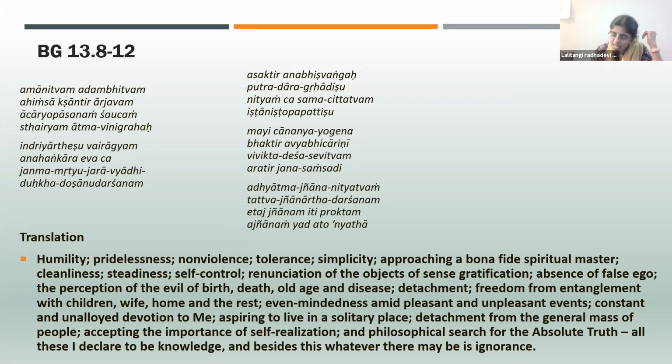So, after explaining what is the field and what is its activity, he comes to text 5, 6 and 7. The knowledge of the field of activities and of the knower of activities is described by various sages in various Vedic writings.